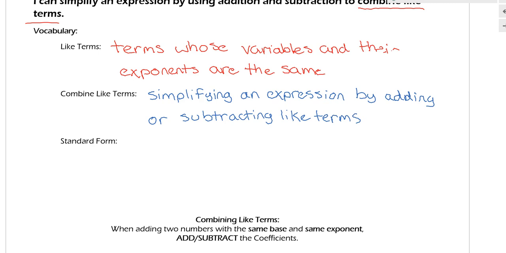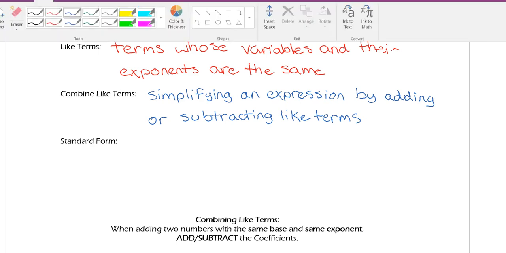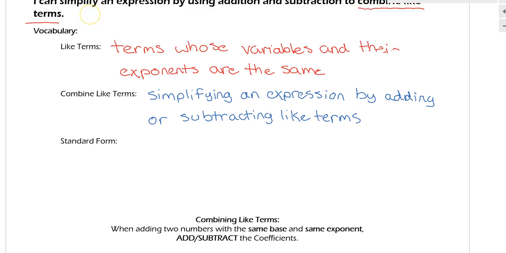Then, the last thing we need to know is what standard form is, because all of our answers need to be in standard form. And standard form is just a polynomial.